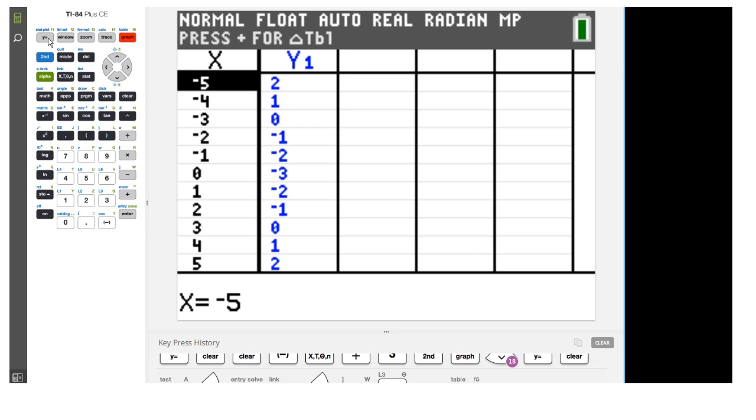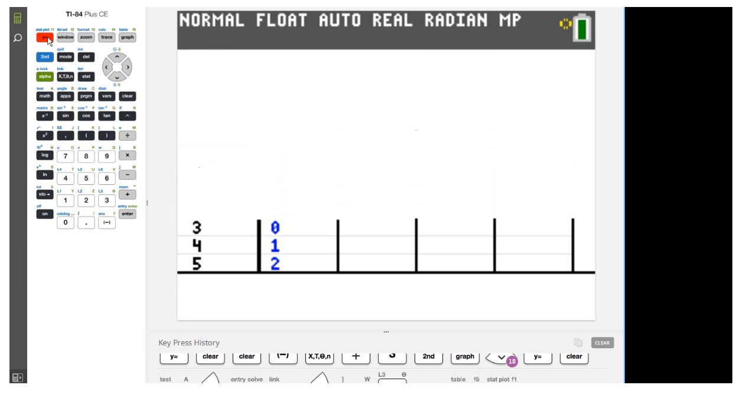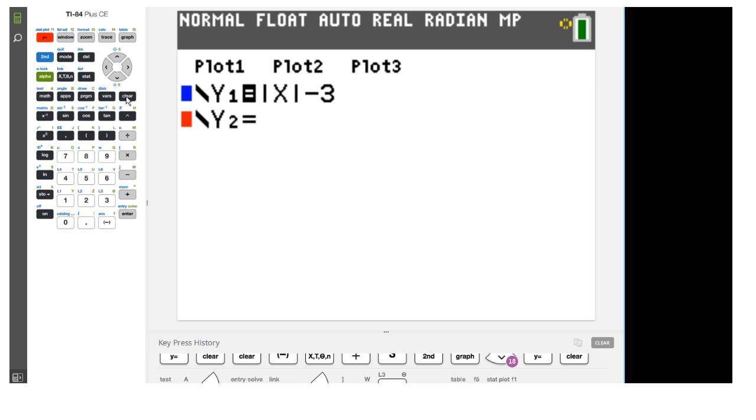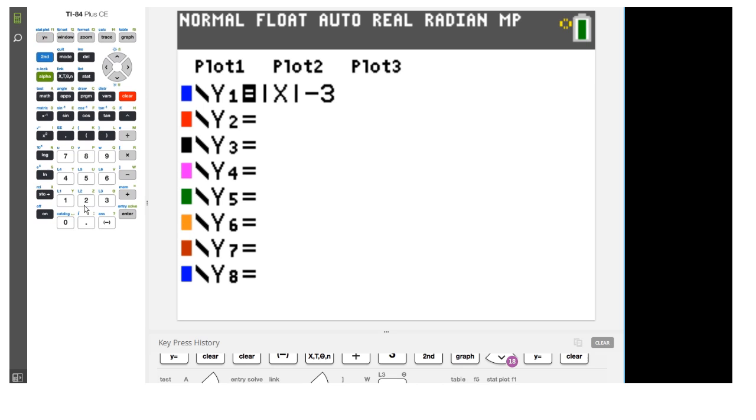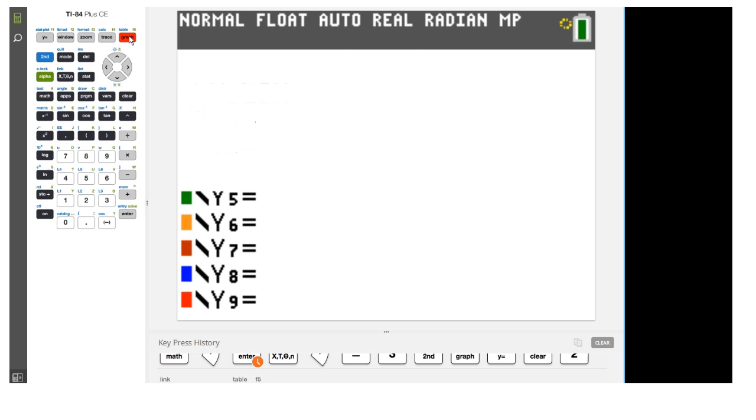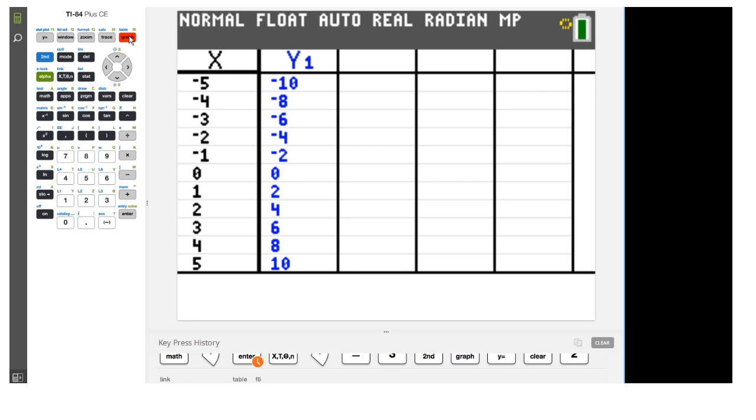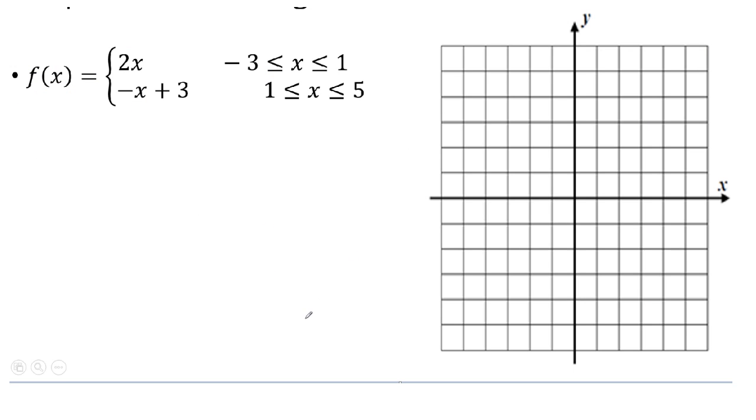I will go back to my calculator, clear y equals, and put 2x. To have accurate points, I'm going to have to go to the table and look at the x values that belong to this restricted domain, which is values between -3 and 1.